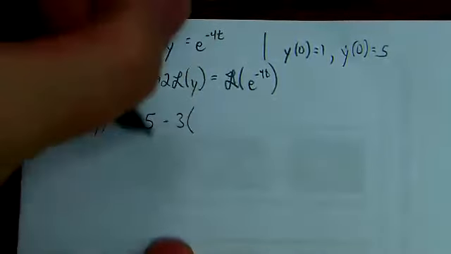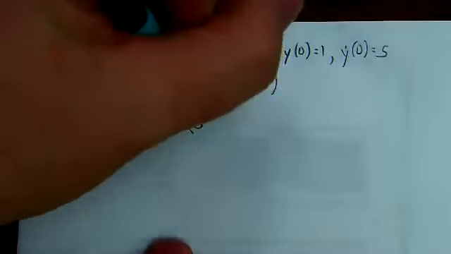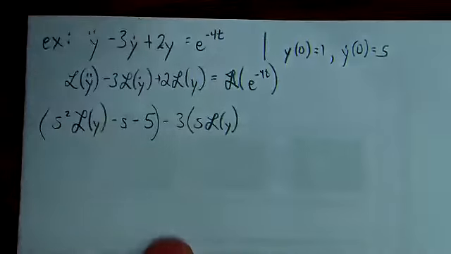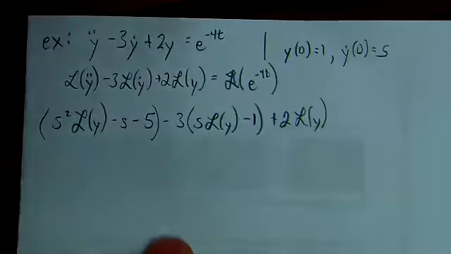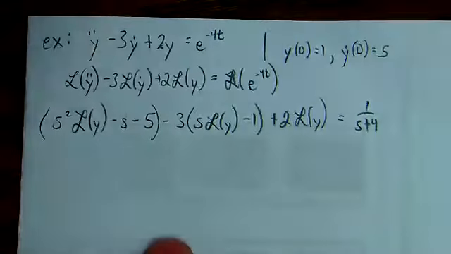And then this is minus 3 times, now the Laplace of y dot is s Laplace of y minus 1, plus 2 Laplace of y. We already know the Laplace of e to the negative 4t is 1 over s plus 4.